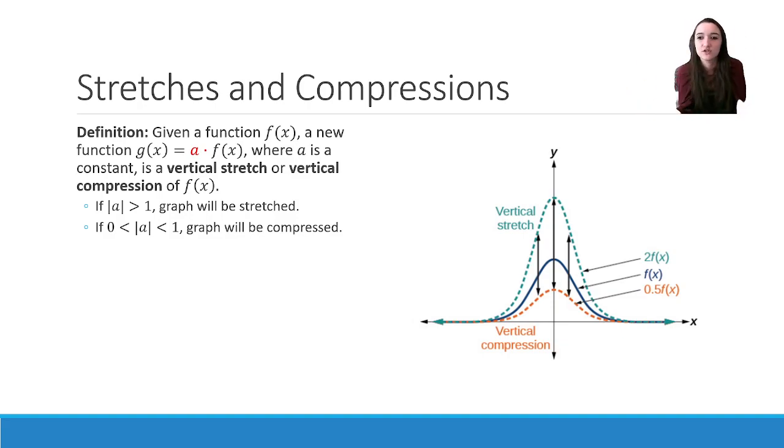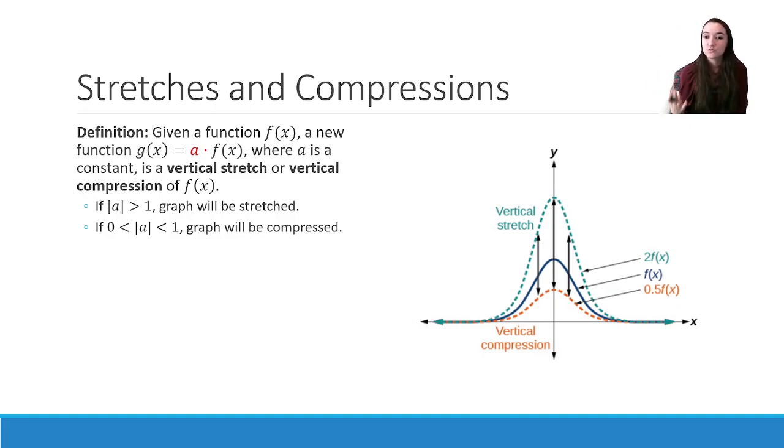So if it were -2, we would do a reflection and then we would do a stretch, or a stretch and then a reflection. It doesn't actually matter which order you do it in. All right. So again, our vertical stuff works kind of the way you would think: big number, big stretch, small number, kind of you're halving it, or you are thirding it, or whatever.